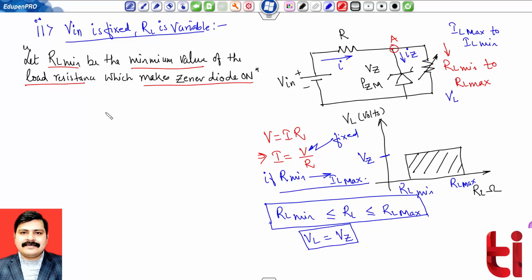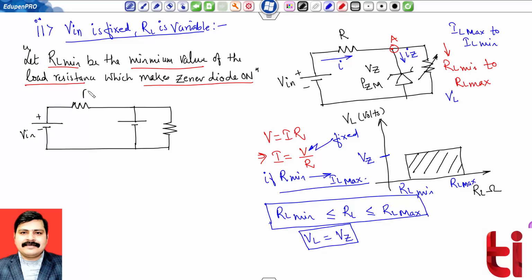So I have input supply Vin, resistance R, and the current flowing through it is I, as already taken. This is node A, voltage VZ, where PZM is also given. This should be current IZ. As this resistance was my variable resistance, I am willing to find this value VL.